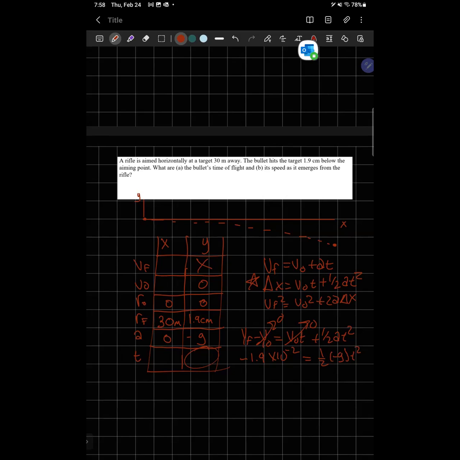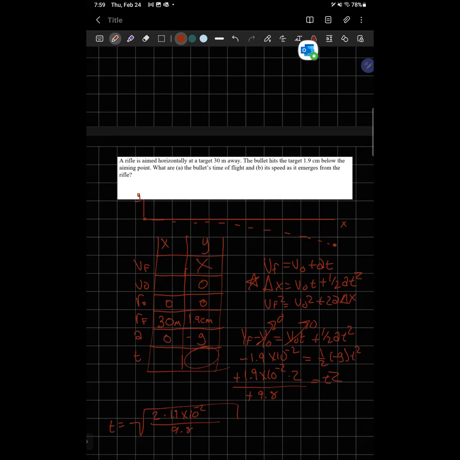So negative 1.9 times 10 to the -2, multiply the 2 over, divide by negative 9.8, equals t squared. T is equivalent to the root of 2 times 1.9 times 10 to the -2, divided by 9.8.